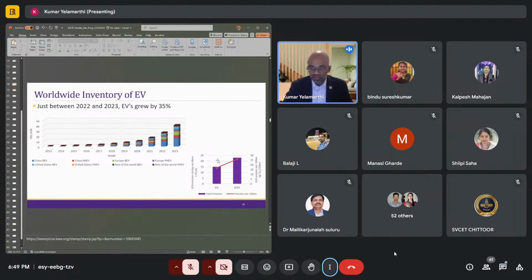This is the greenhouse gas emissions from electrical vehicles compared to IC vehicles, internal combustion vehicles. We might say EVs are not emitting any gases, but where is the energy generated? There are some emissions there.